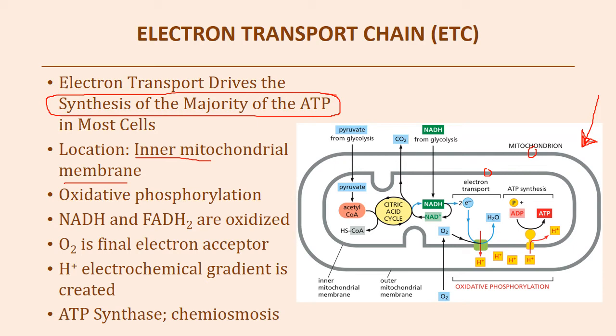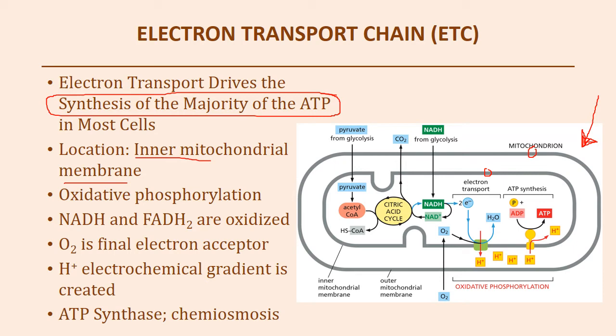Along the way, the electrons release small bursts of energy, so they start lowering the energy that they carry. Now, oxygen in aerobic respiration is going to be important in this particular step.